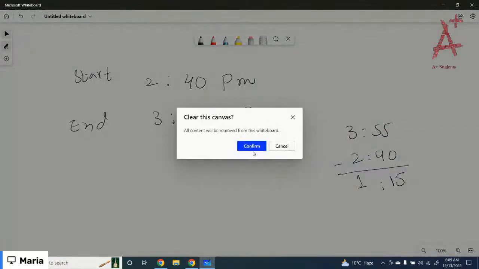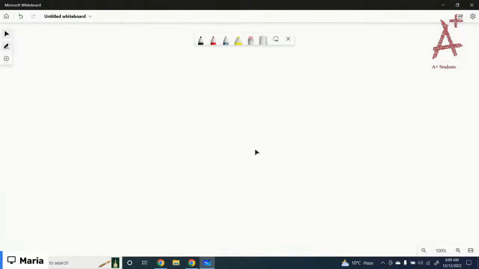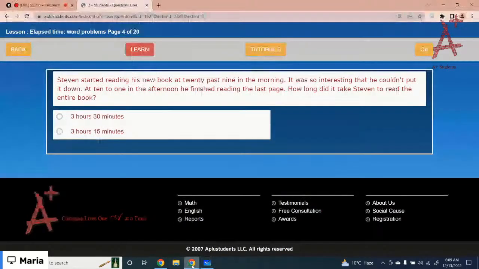He started at 9:20. 20 past 9 means 20 minutes more than 9, so it would be 9:20. Got it? Okay, then it was so interesting that he couldn't put it down at 10 to 1 in the afternoon.